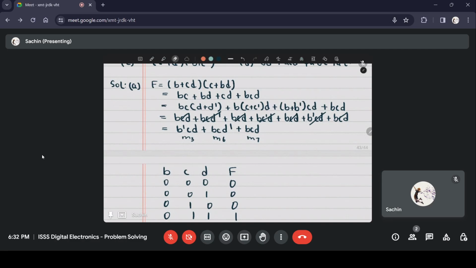Just making sure there are no mistakes. So there was a mistake here. There is one more term which is B C prime D, which is M5.